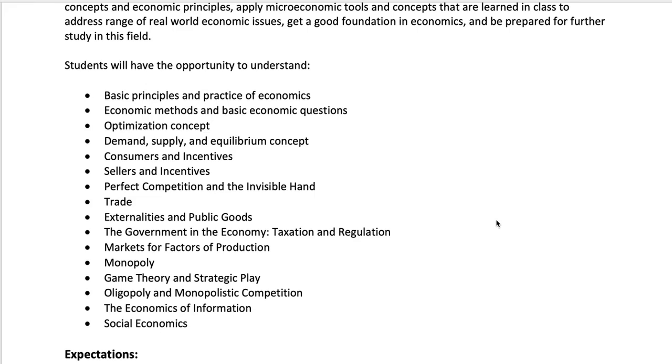So we'll spend a lot of time talking about perfect competition and monopoly, oligopoly, and monopolistic competition. And throughout these discussions, I'm going to do my best to try to relate these ideas to current events, and you'll also be asked in our discussion board each week to do the same.